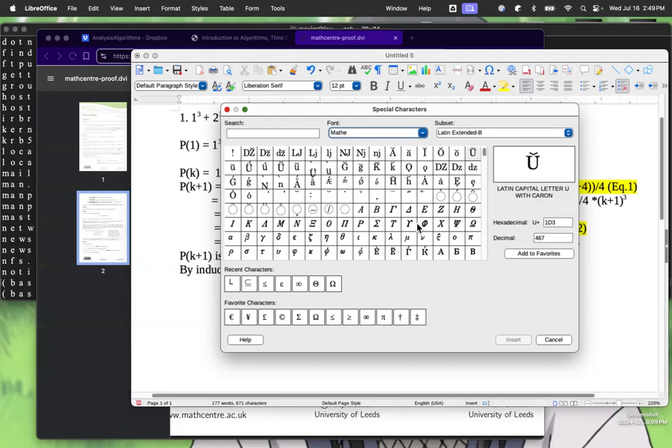I'm just going to have to go with the closest looking character, the Greek epsilon.